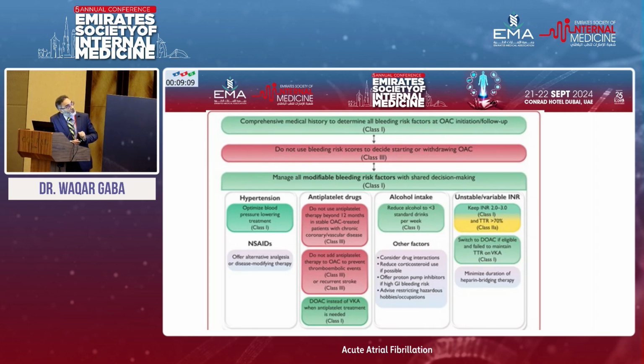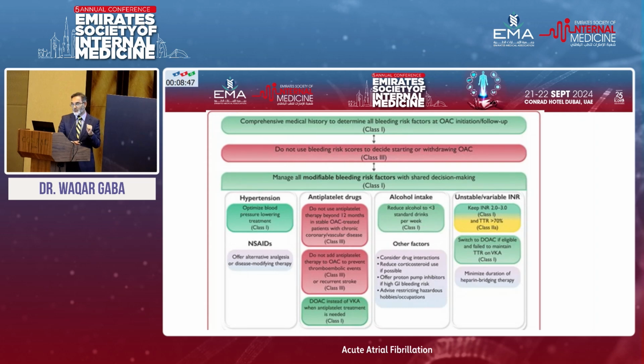It's a class 1 recommendation to determine the bleeding risk factors. Do not use bleeding risk scores to decide on starting or withdrawing oral anticoagulants. What it's telling you is that scores are only a guide to tell you that they may have a high risk of bleeding, but you should not use them to decide to start or withdraw oral anticoagulation.